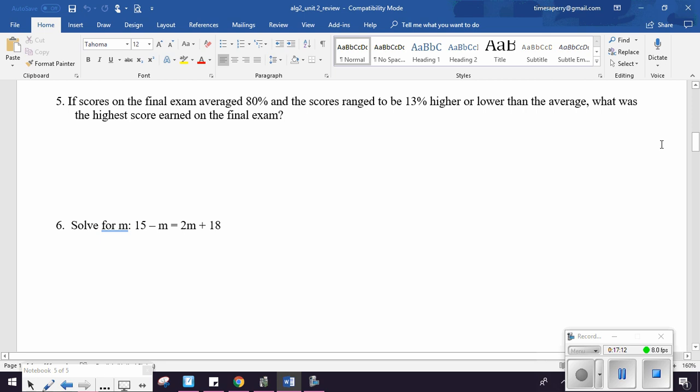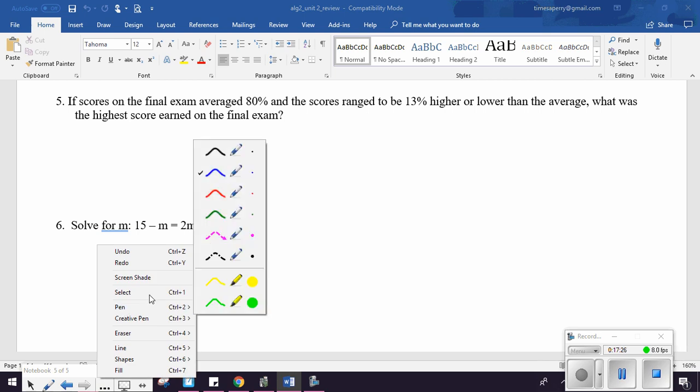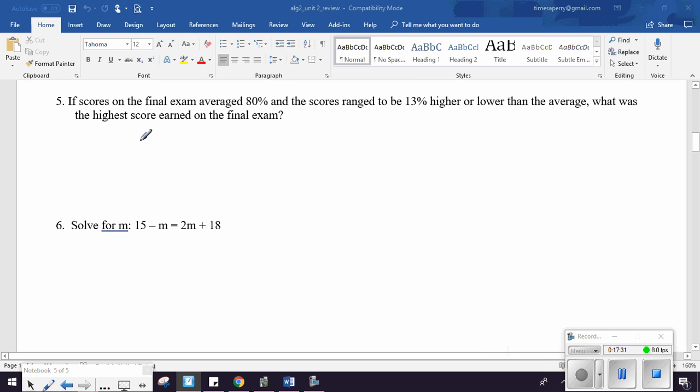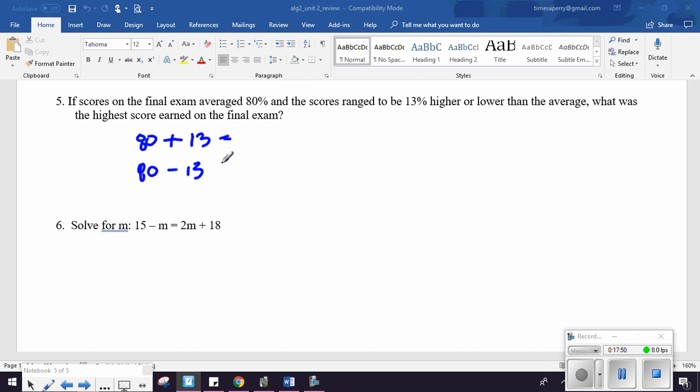Number 5. If scores on the final exam averaged 80% and scores ranged to be 13% higher or lower than average, what was the highest score earned on the final exam? So essentially, we know the average is 80%, and it ranges plus and minus 13 from the average.